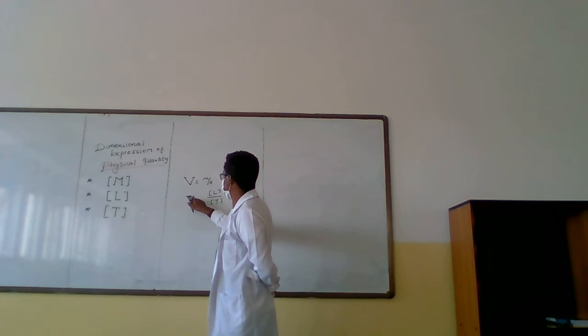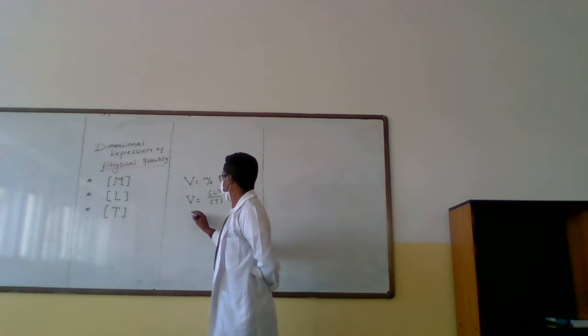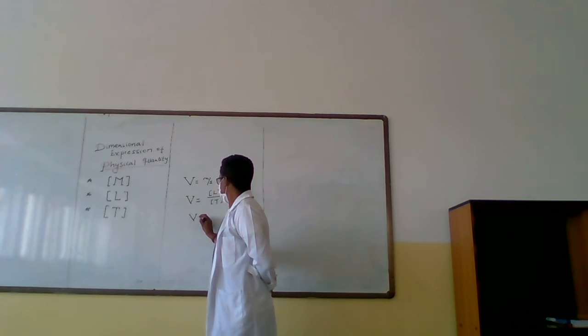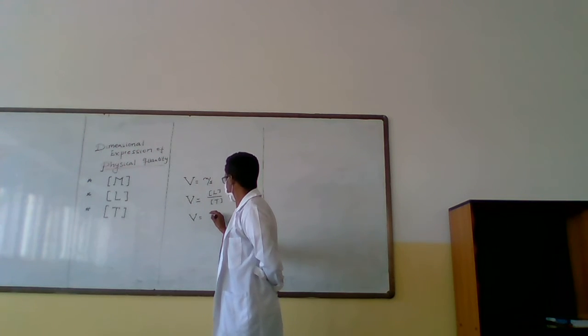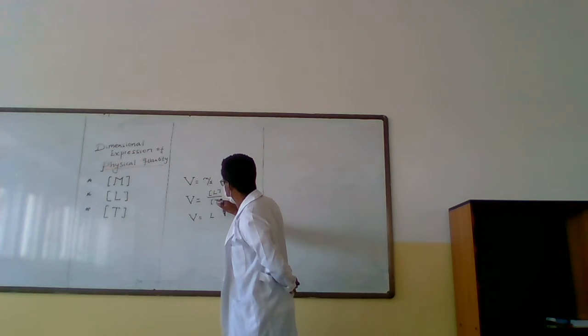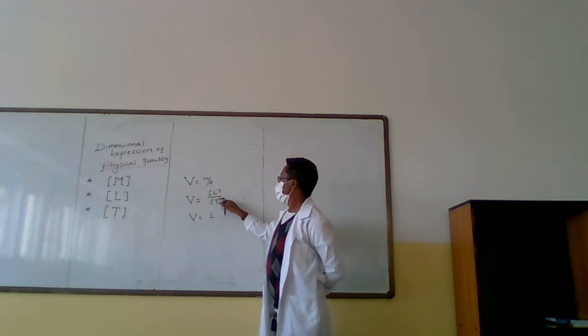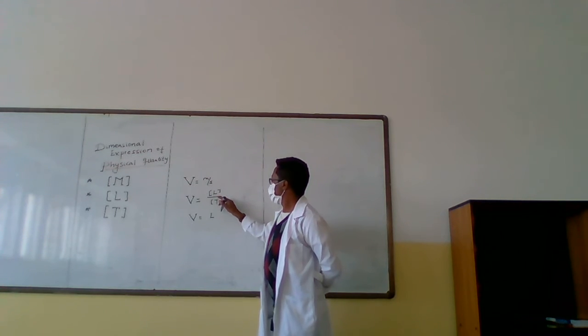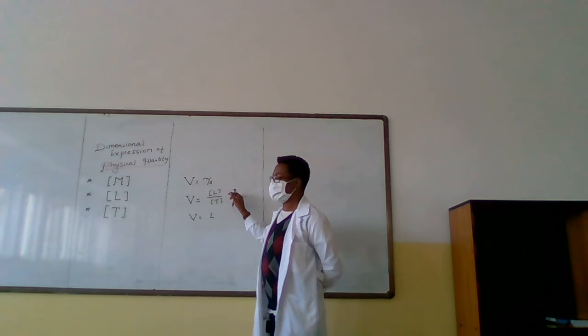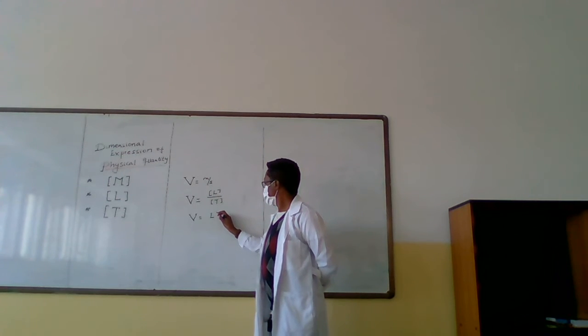So the dimension of speed is L over T. T is the denominator with the power of 1. But if you bring it to the numerator side, it can be L times T to the power of minus 1.